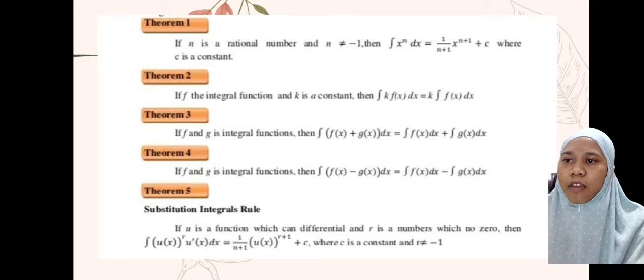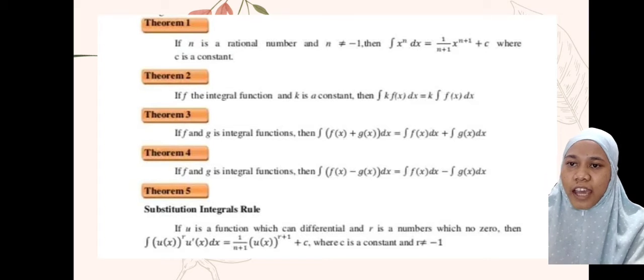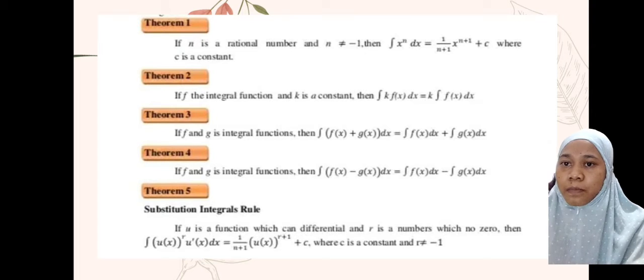Theorem 3. If f and g are integral functions, then the integral of f(x) plus g(x) dx equals the integral of f(x) dx plus the integral of g(x) dx. Theorem 4.